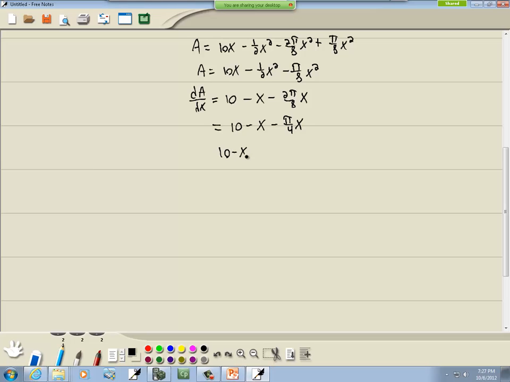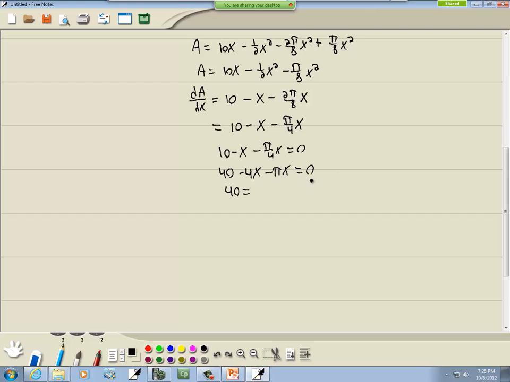So I got 10 minus x minus pi over 4 x equals 0. Now I'm going to get rid of the fraction by multiplying everything by 4. 10 times 4 is 40. Negative x times 4 is negative 4x. And this times 4 gives us negative pi x. And then 4 times 0 is 0. I want to get everything with an x on one side.